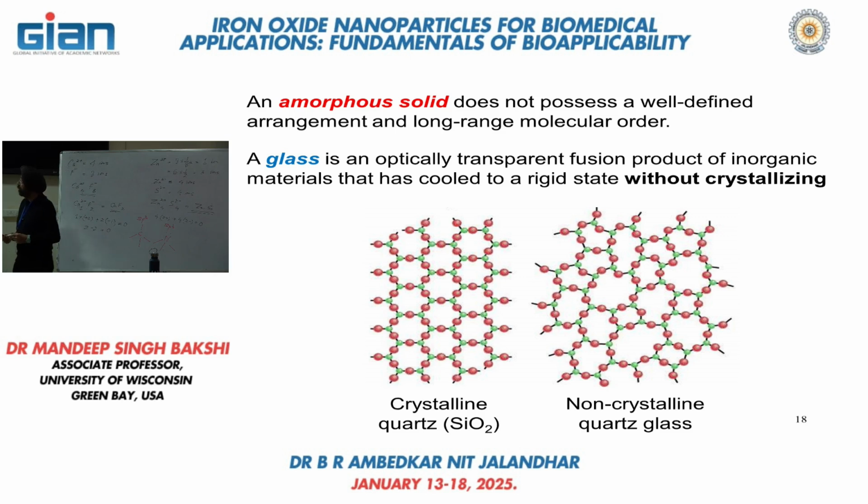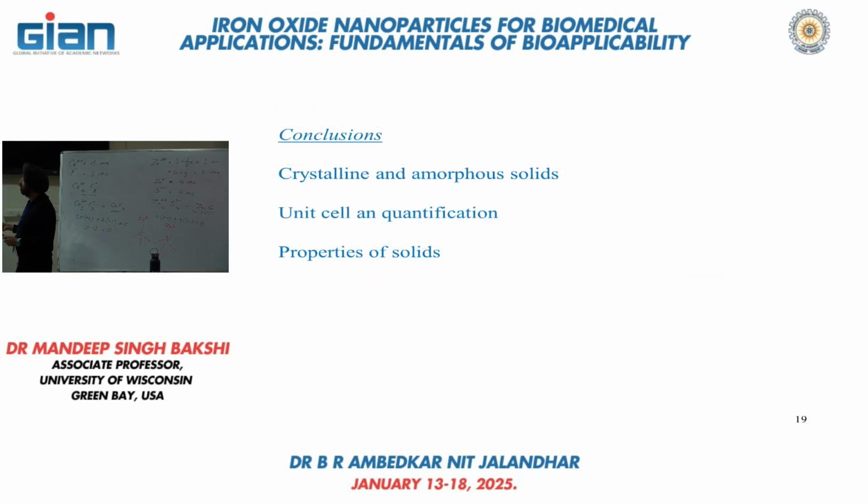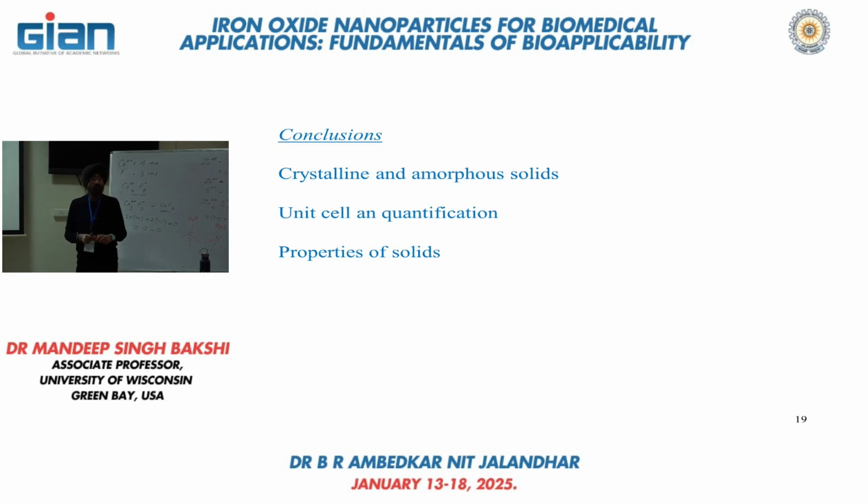So in conclusion, what we have learned today is the difference between crystalline and amorphous solids; that was the main discussion. Our focus was on the crystalline solid, and we wanted to quantify crystalline solids by defining the unit cell.